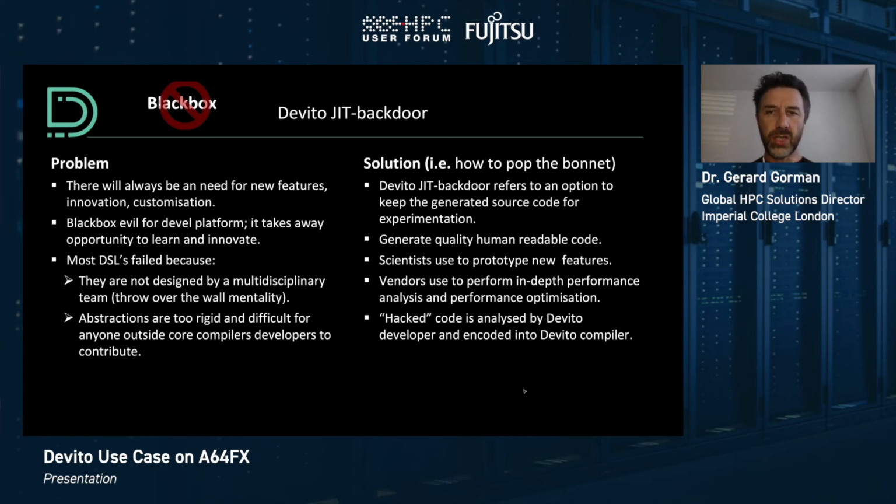So I think an important decision was to make sure that we had built in a JIT backdoor. That basically means we generate very well formatted, human readable code in C, or whatever the intermediate language is, so that a guru can always come in and start at that level in terms of extending the code if they need to.